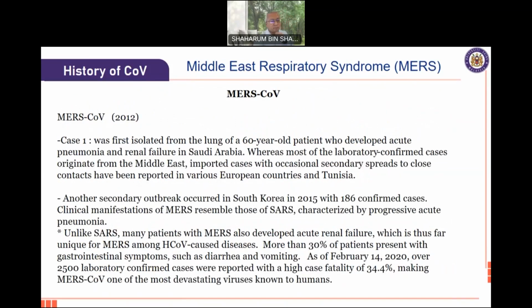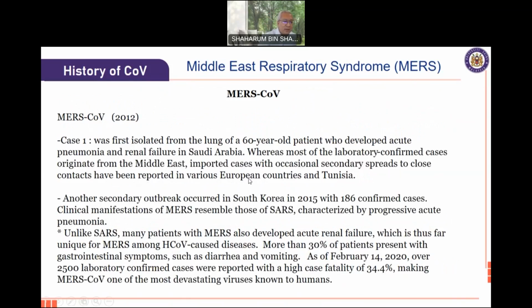and they did not mutate and become pathogenic to humans. It was only in 2012 that the first Middle East respiratory syndrome, as they call it, appeared, when one patient developed acute pneumonia and renal failure in Saudi Arabia.